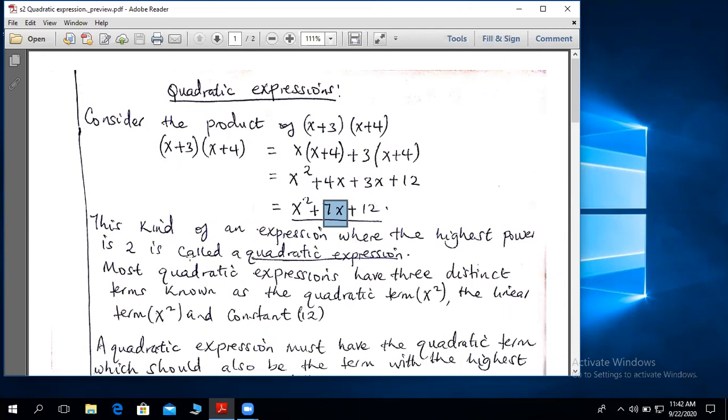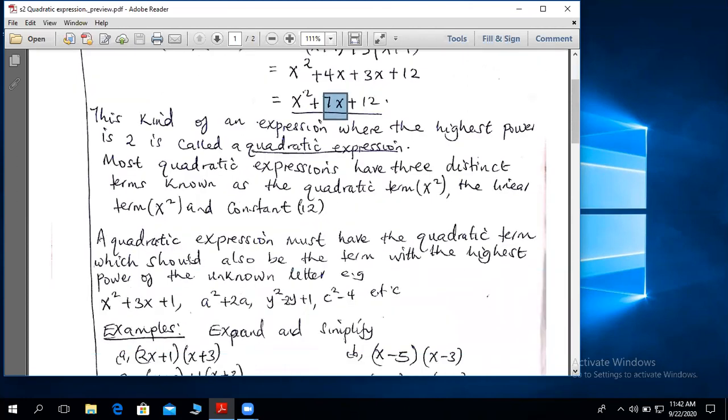So a quadratic equation has 3 terms, where one term is a quadratic term, and the quadratic term here is x squared, the linear term is 7x, and the constant is 12.